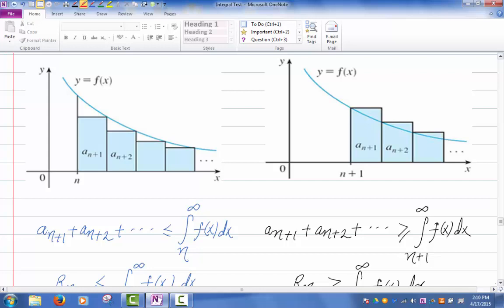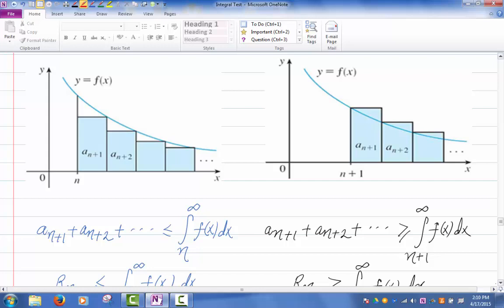So if you think about it, then what's the area of the first rectangle? If you look at the interval between n and n plus 1, I am taking the height of the rectangle to be the height of the graph at n plus 1, which would be this. So what is that? That is f of n plus 1, right?